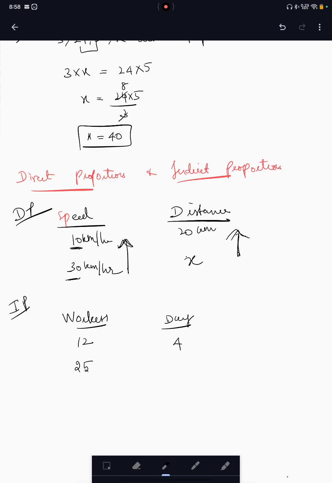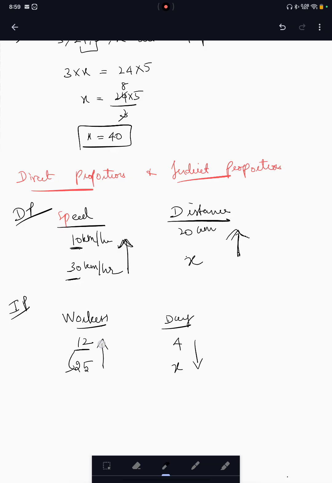So see here, the workers are increased. Then how many days will they take? Because the workers are more, obviously they will complete the work very fast, and the days will become very few. You understand?